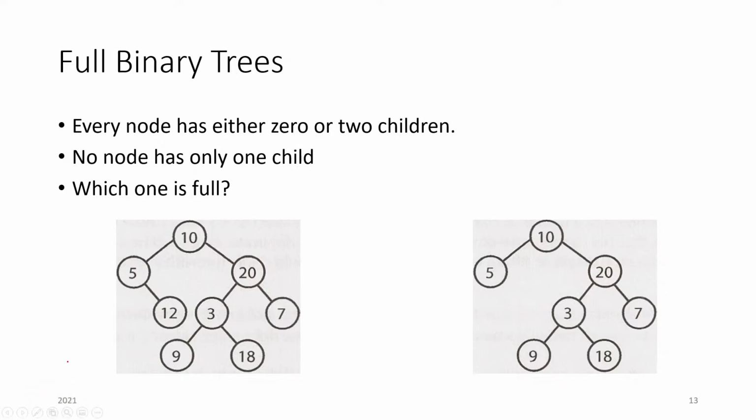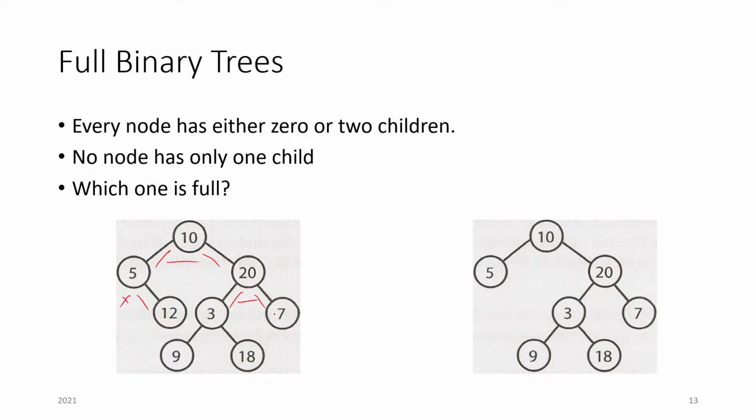So if we analyze our left tree here to see if it's a full binary tree or not, we can see 10 here has 2 nodes, okay, that's fine. But then 5 here only has 1. 20 has 2 nodes here, so that's good. But this here is wrong.